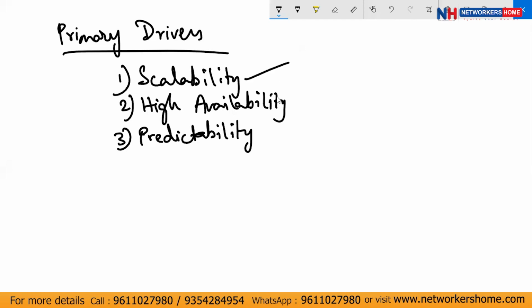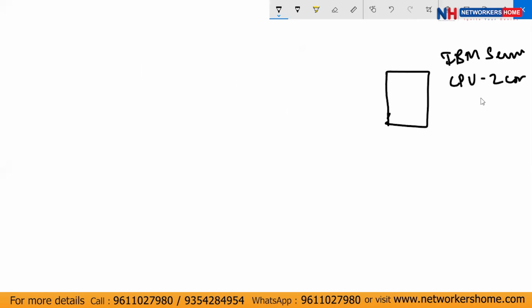When I say scalable, let me think of it from a server admin perspective. Let us say that I have one IBM server which has 2 CPU cores, 120 GB RAM, and a 4 TB hard disk.